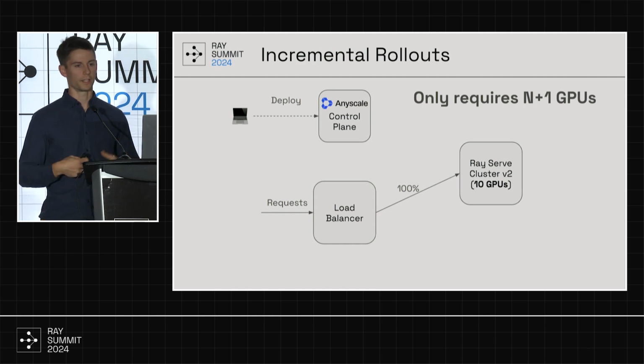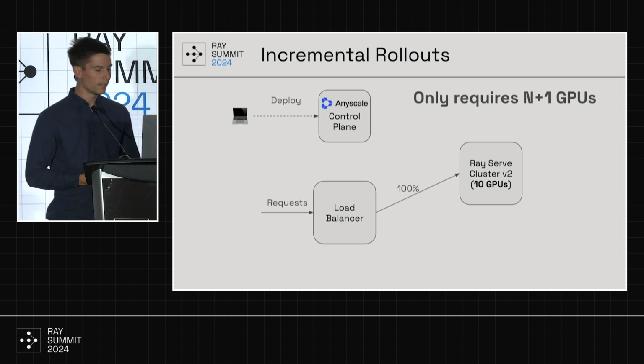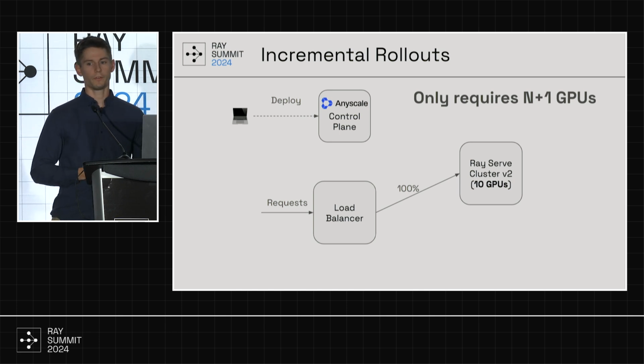So in this case, only 11 instead of the 20 that we had with the naive solution. So this is a pretty simple feature and concept, but obviously it's a huge improvement, and it's also something that requires very careful coordination between the control plane, the load balancer, and the clusters. So this is something that we were able to build because we have a control plane that is managing all of those components in tandem.